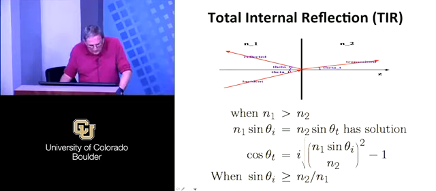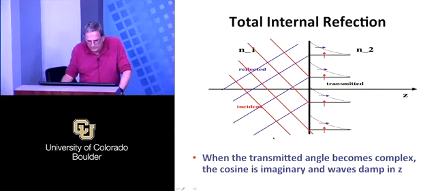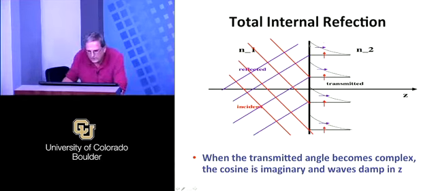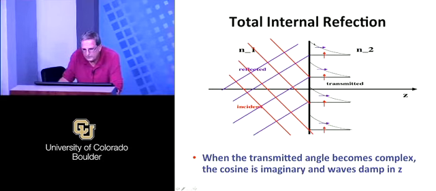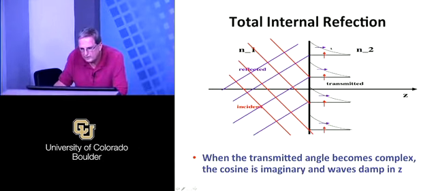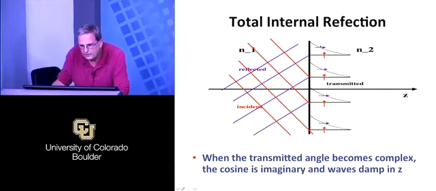And you find out that what happens above looks something like this. If we had an incident phase front coming in like this and a reflected phase front coming out, what happens on the other side is that there's nothing propagating along the interface, but there is light inside of here, and that light dies exponentially with distance into the medium.